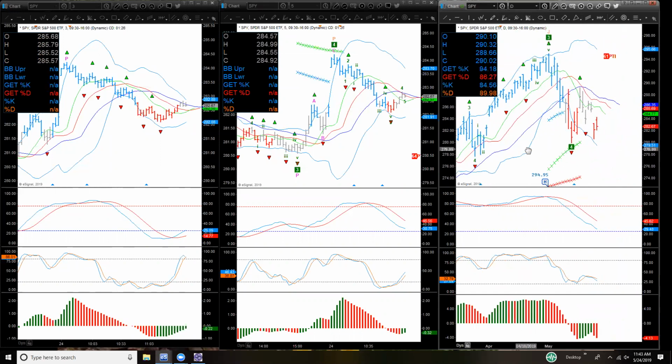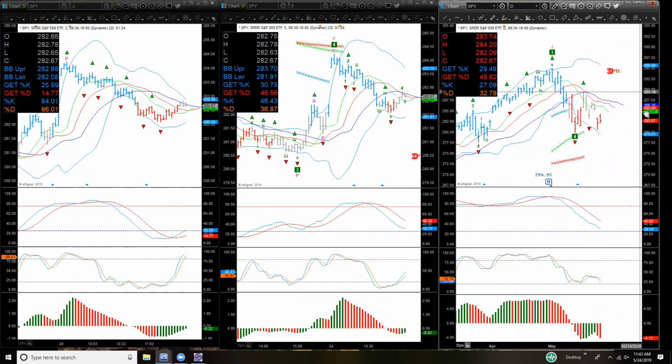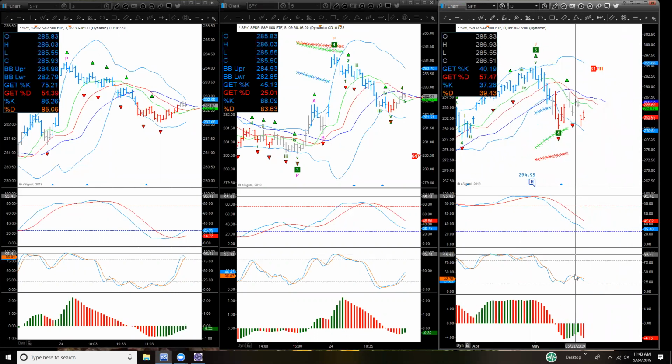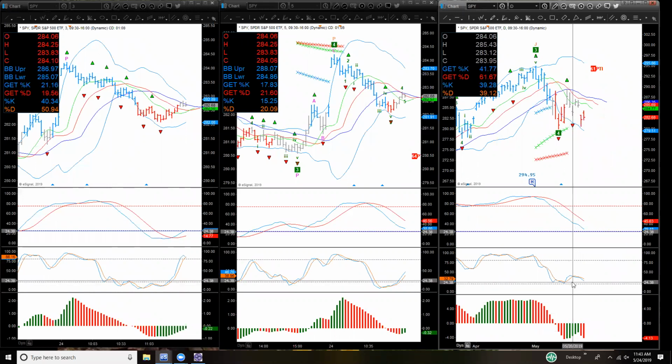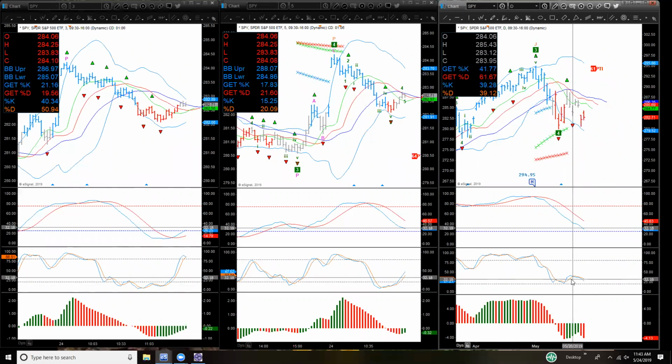What's very interesting about all of the ETFs, they pretty much all look the same, is that for several days, 6 days, 5 days, we had green AOs, which was implying that we were starting to build some momentum back to the upside. And we saw our traditional stochastics crossing over to the upside.